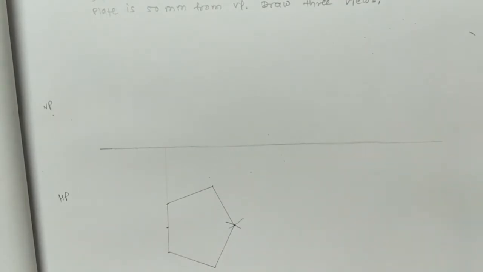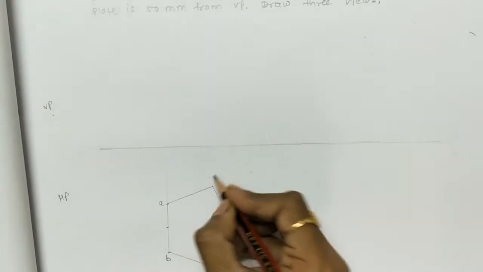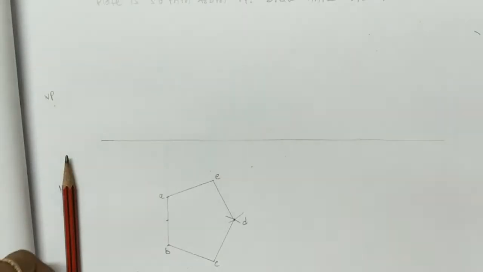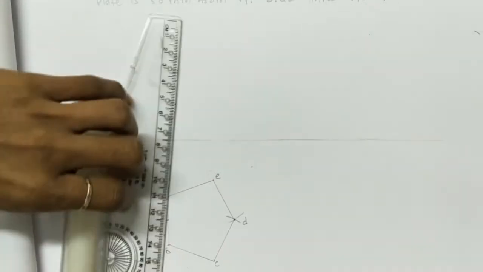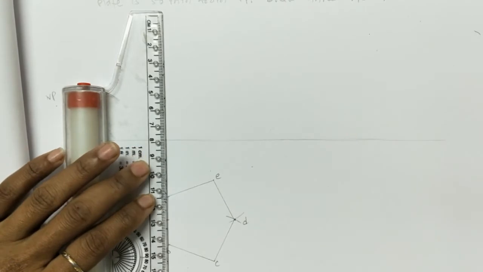Now give names to these points. So I will give A, B, C, D and E. Next, draw the front view. For this I will take projection.